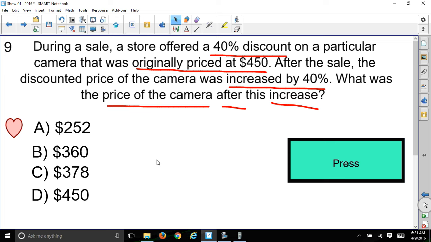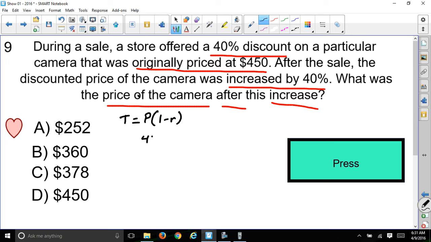If you remember that formula we had to do a long time ago, for discount, to find the total cost was price, the original price, times 1 minus the rate of discount. So the original price was 450, and we take 1 minus the discount because that's what we would pay.